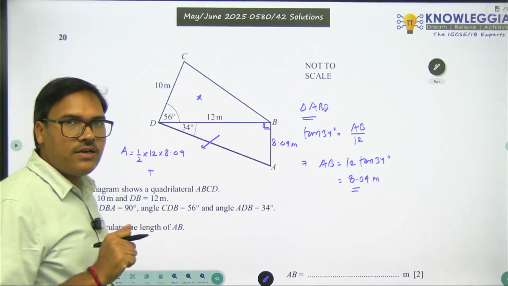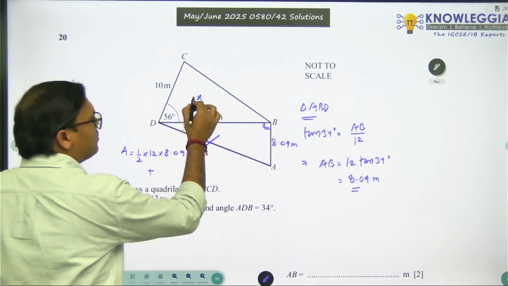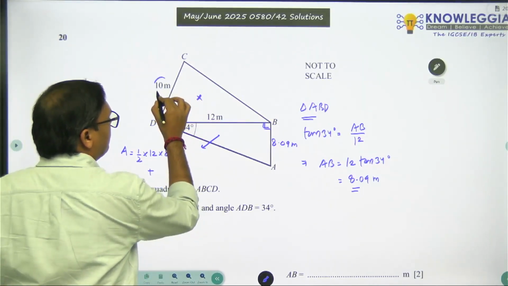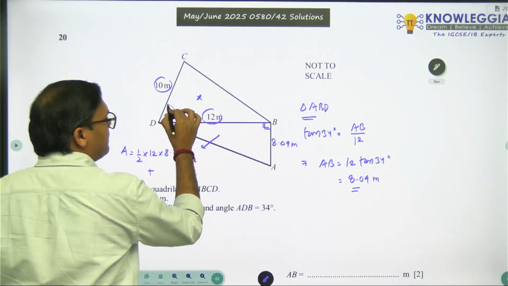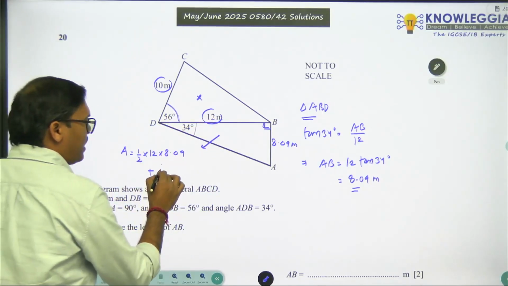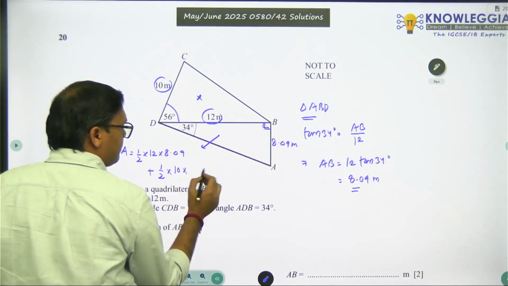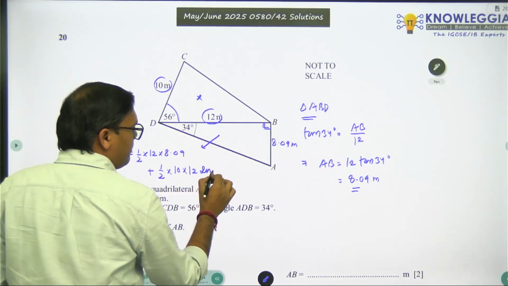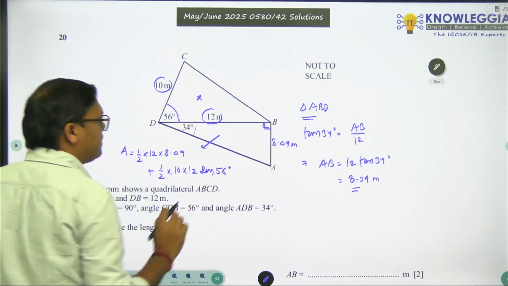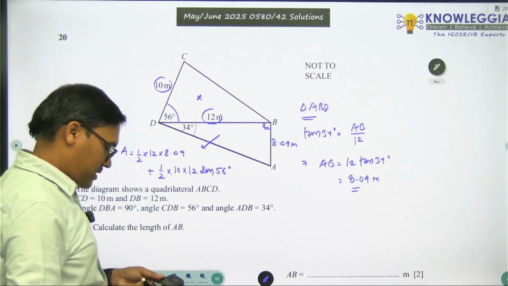This is 8.09 plus area of this triangle. Now, how will you get the area of this triangle? We know in this triangle, two sides are known to you. These are the two sides, and angle between them is 56 degree. So this is half multiplication of these two sides and sine of angle between them. What is the angle between them? This is 56 degree. Okay. So now you can just check this value.